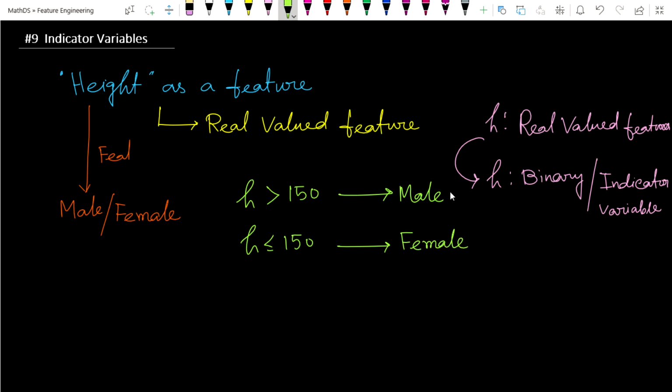Now we denote this: if it is male, then we call it 1, otherwise it will be 0. These things are actually problem specific.